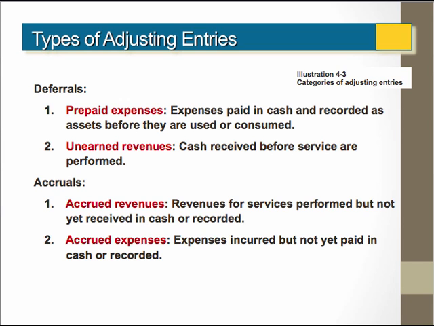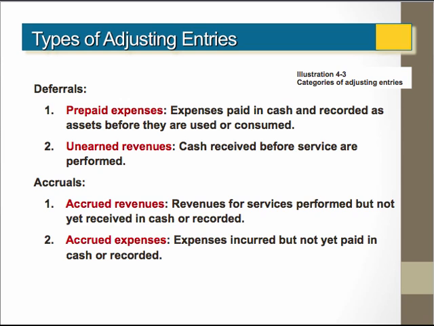An unearned revenue, a liability, is in the situation where we've now earned the revenue and we have to reduce the liability. On the accrual side, if we accrue a revenue, it means that we've earned the revenue but we have not received the cash yet from the customer.